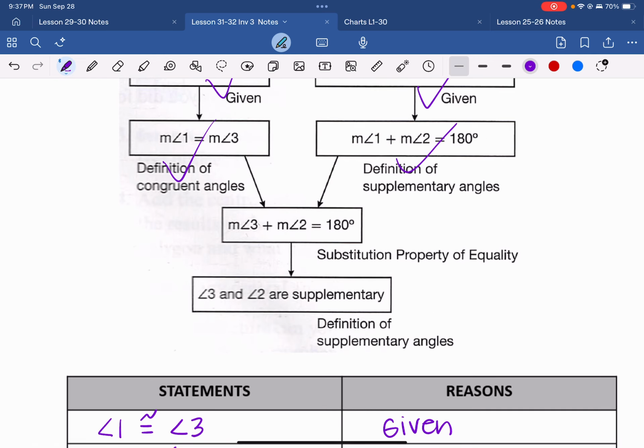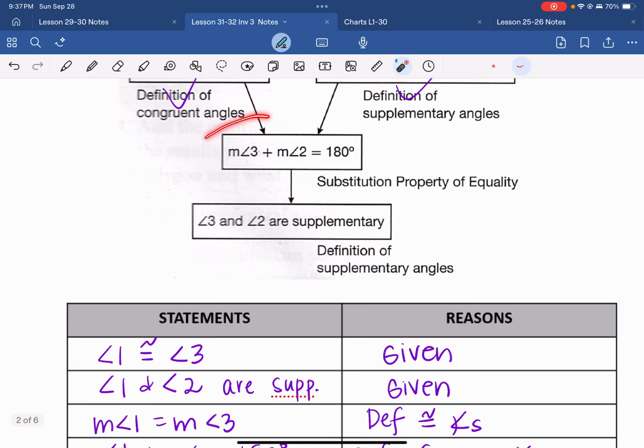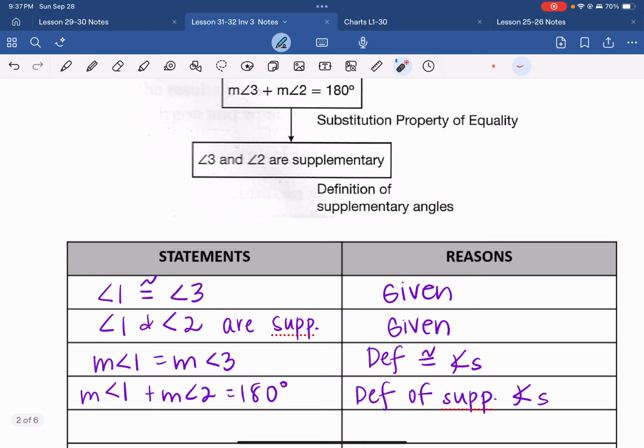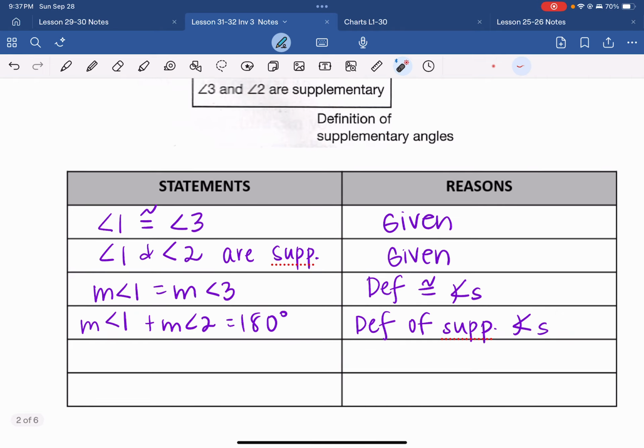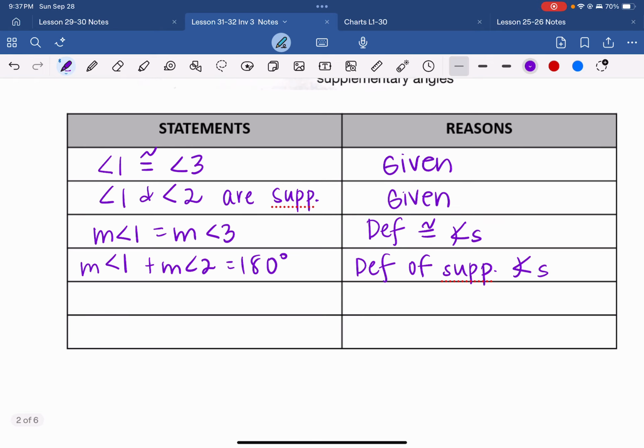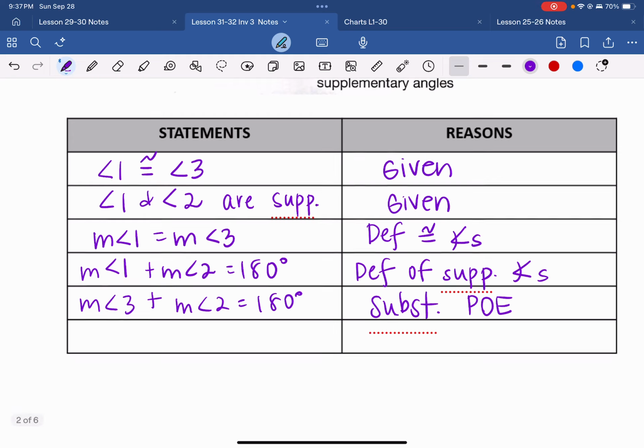So not hard, maybe a little tedious, but not hard. This is the next one. Measure of angle 3 plus measure of angle 2 equals 180 degrees. Substitution property of equality. I'll abbreviate that as Substitution POE, property of equality.